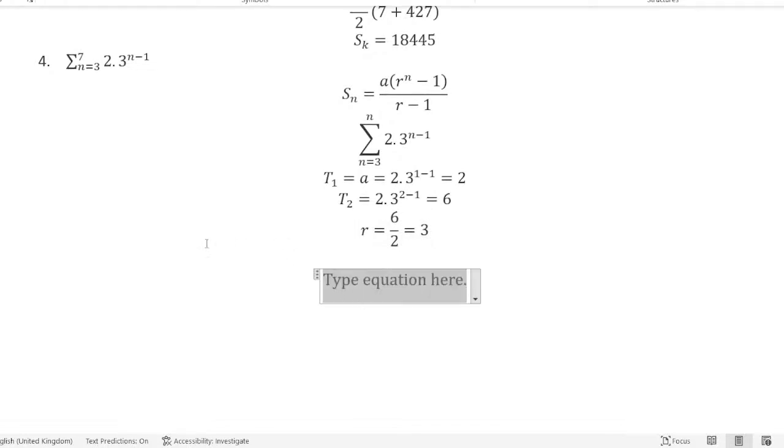Sn is equal to a, the value of a is 2, times r, the value of r is 3, to the power n.